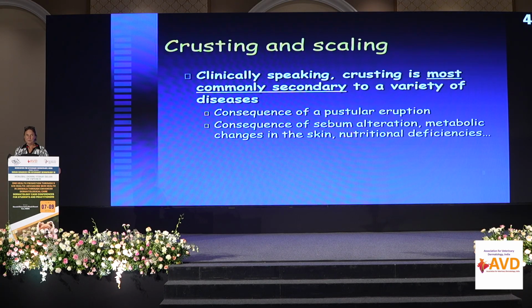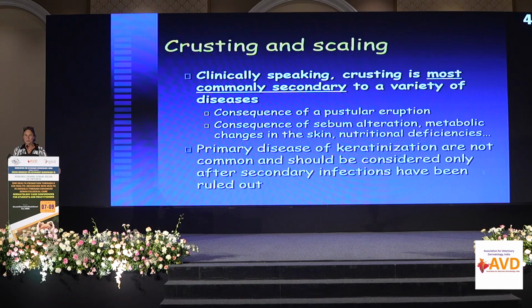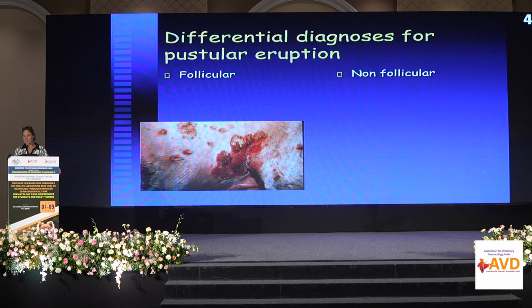There are very few primary diseases of keratinization in which the issue is actually the process of differentiation of epithelial cells, and I'm going to cover those. But clinically speaking, it's very important that you first consider secondary causes for seborrhea. And among that, a bacterial infection being the single most common one.